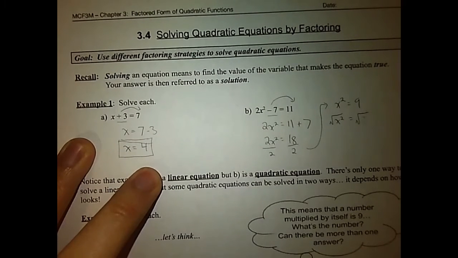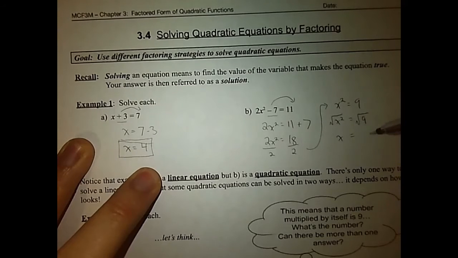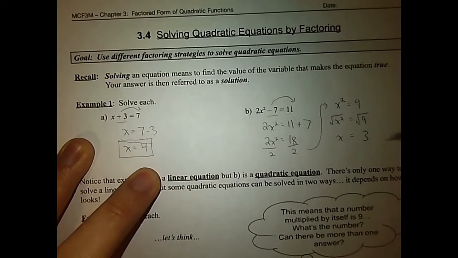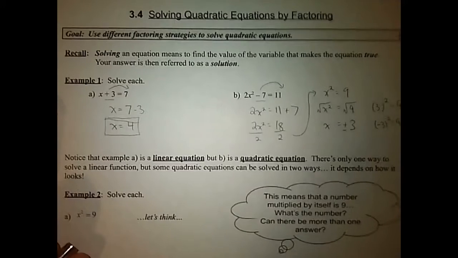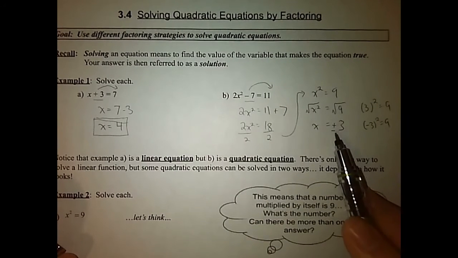The square root of 9, x is going to be equal to 3. But again, the square root of 9 could be 3 or it could be negative 3, because remember that 3 squared will be equal to 9, but also negative 3 squared will also be equal to 9. So we can say it can be positive or negative 3.